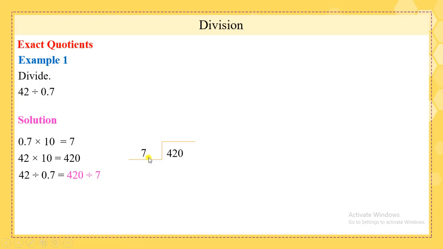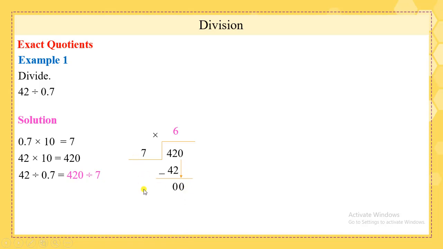Of course, we know that we are going to use the help of the multiplication table of 7 in order to find out if we have a number multiplied by 7 that will give us 42 or almost 42. 7 multiplied by 6 is 42, then we will put 6 over here, multiply 7 by 6. Now subtract 42 minus 42 is 0. Move to the next digit, bring it down.